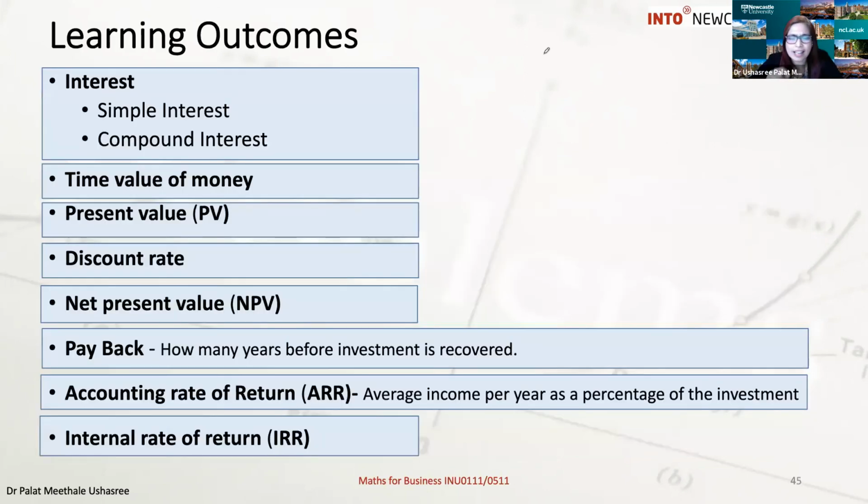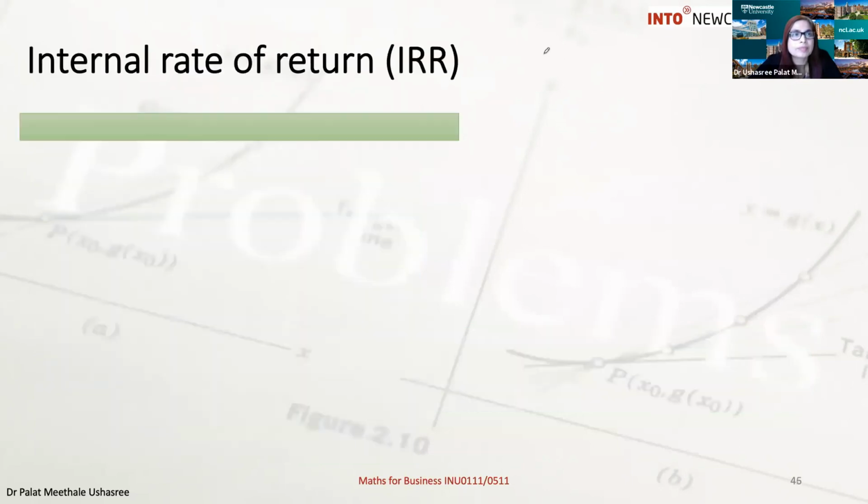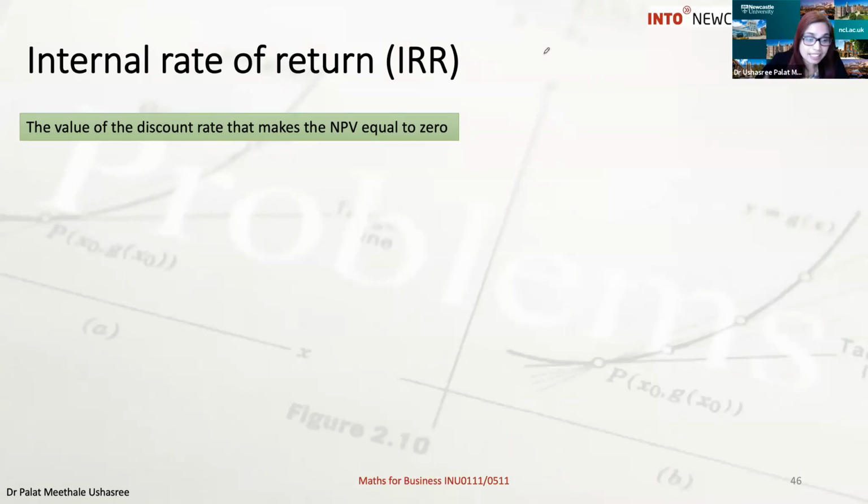Okay, now let's see the last topic, internal rate of return. What is it? It's the value of the discount rate that makes the net present value equal to 0. The idea is that you never want to take on a project for your company that returns less money than you invest.